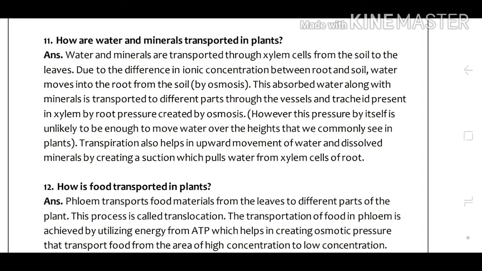However, this pressure by itself is unlikely to be enough to move water over the heights that we commonly see in plants. Transpiration also helps in upward movement of water and dissolved minerals by creating a suction which pulls water from xylem cells to root.